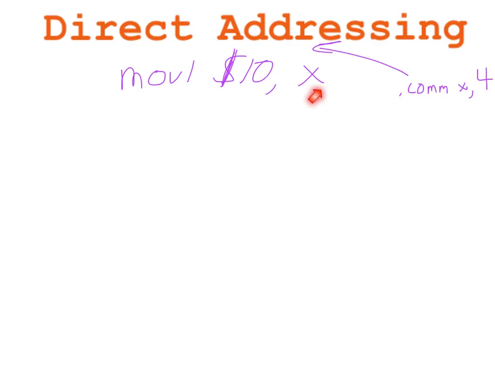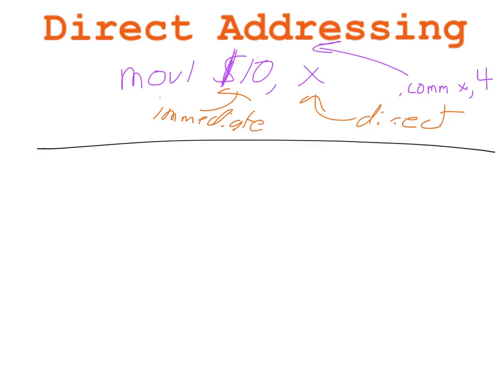So in this case, the x here is our example of direct addressing, whereas this 10 in the move is immediate, as we discussed previously. So again, this is pretty straightforward, and it's just an extension. We're just defining stuff that we already know how to do. Let's work another more complicated example, and this time we have not done multiplication yet, so let's just do multiplication now.